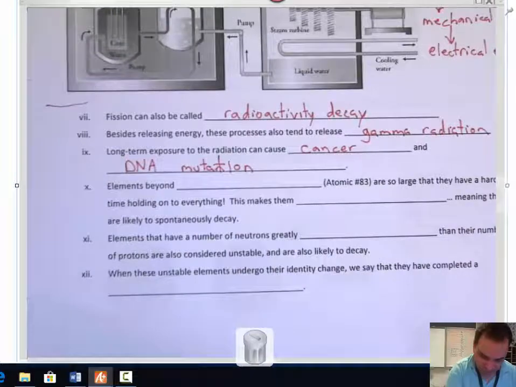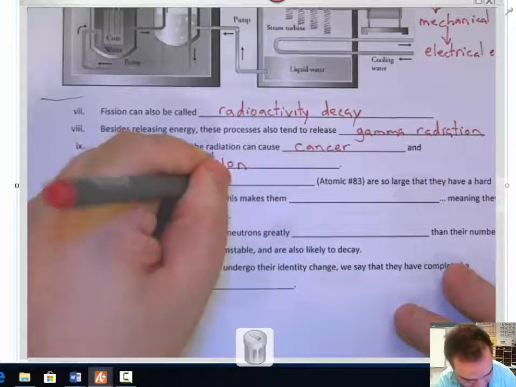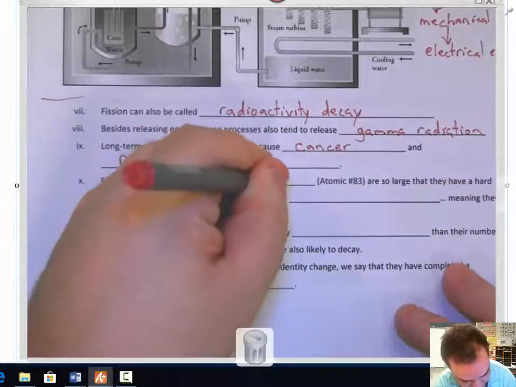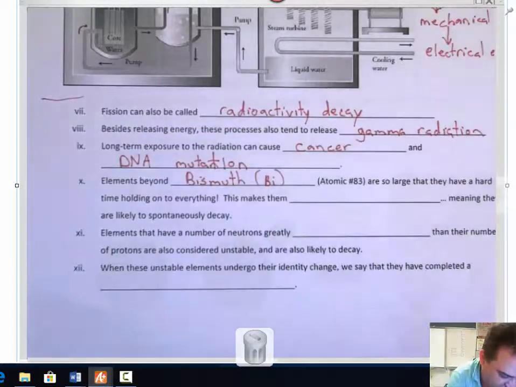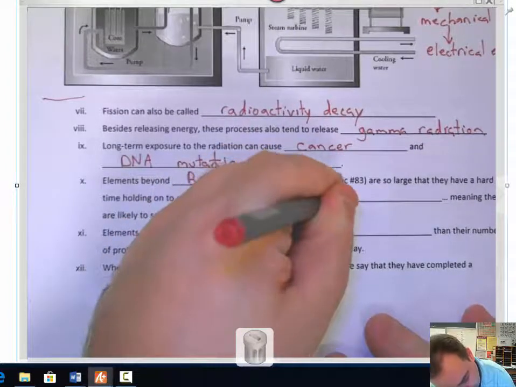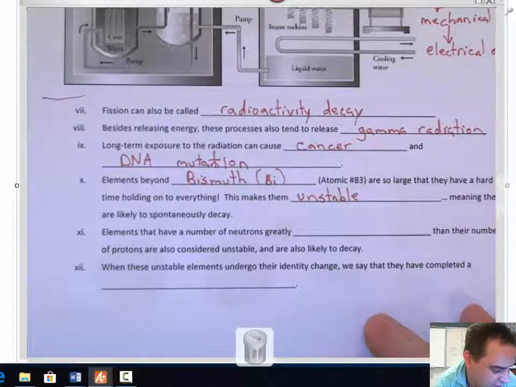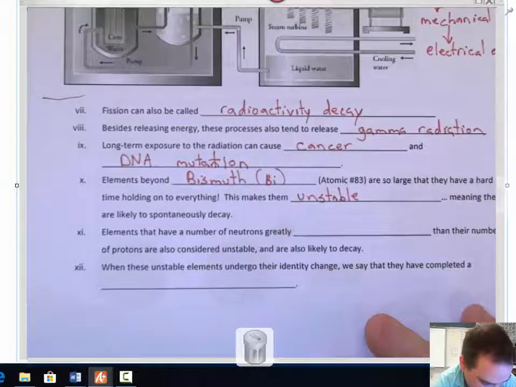Elements beyond bismuth, which is Bi on the periodic table, number 83, are so large they have a hard time holding on to everything. That makes them very unstable, meaning they like to spontaneously decay and go back to smaller elements.